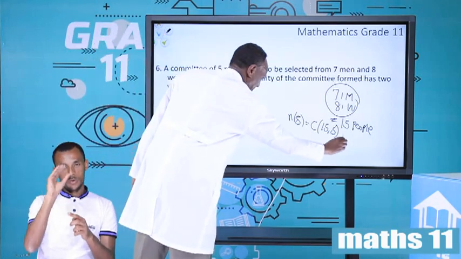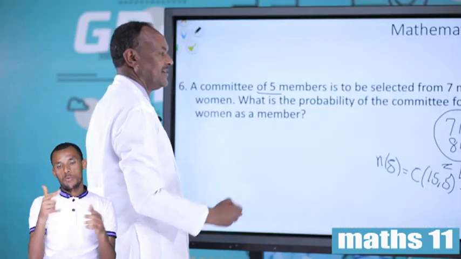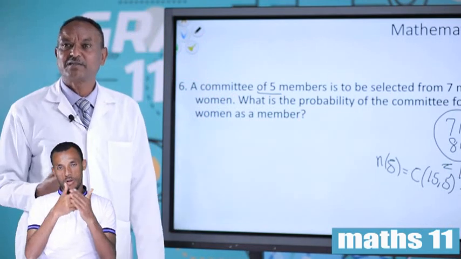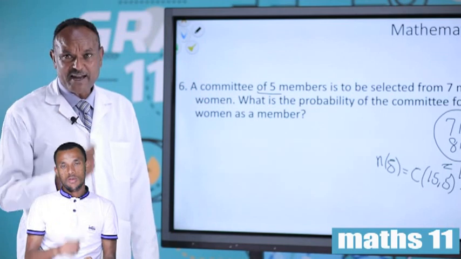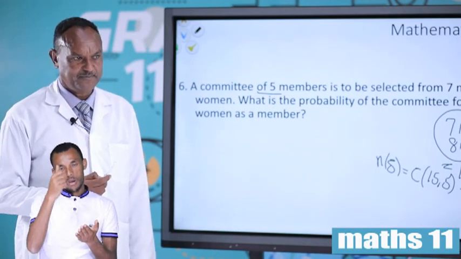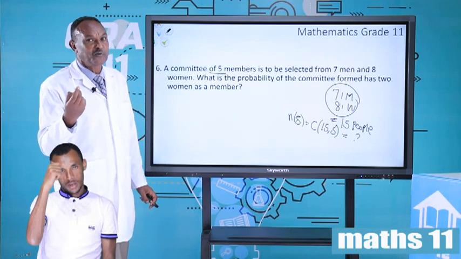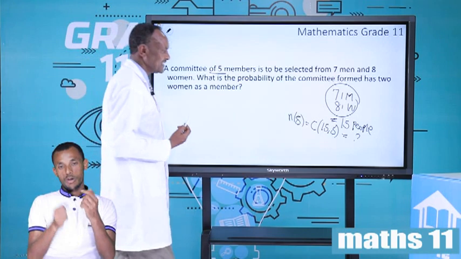That gives the number of possible outcomes. When I select 5 members, all the 5 members may be men. 4 of them may be men and 1 woman. 3 of them men and the remaining 2 could be women. Like this, we have different possibilities.